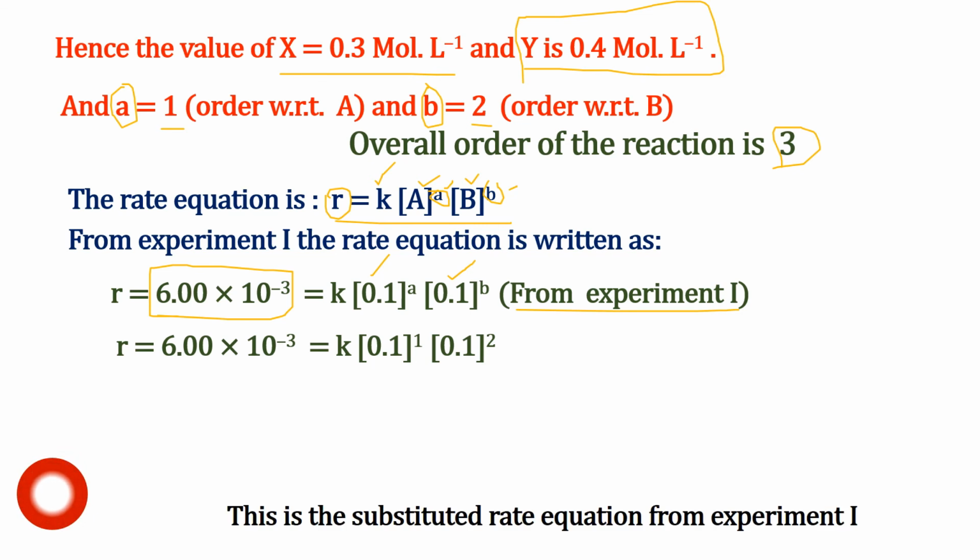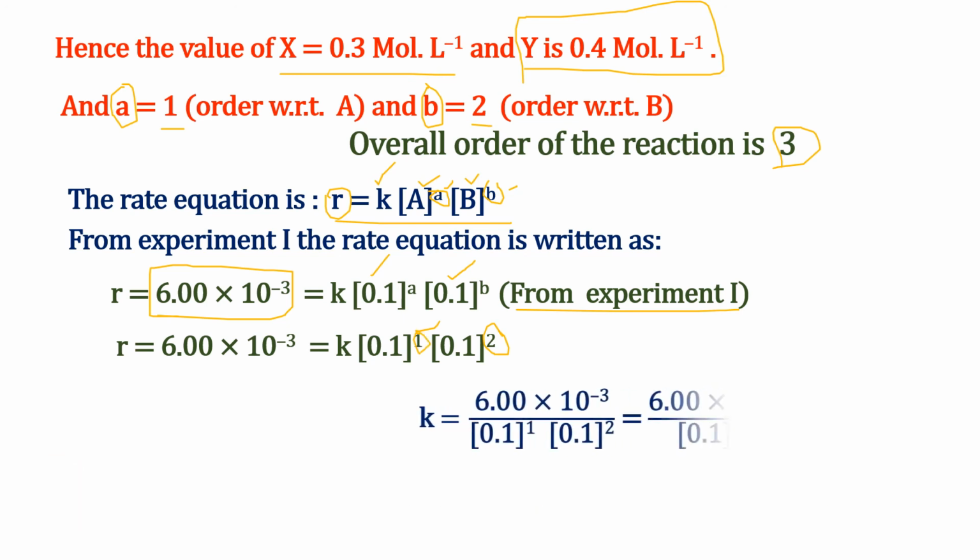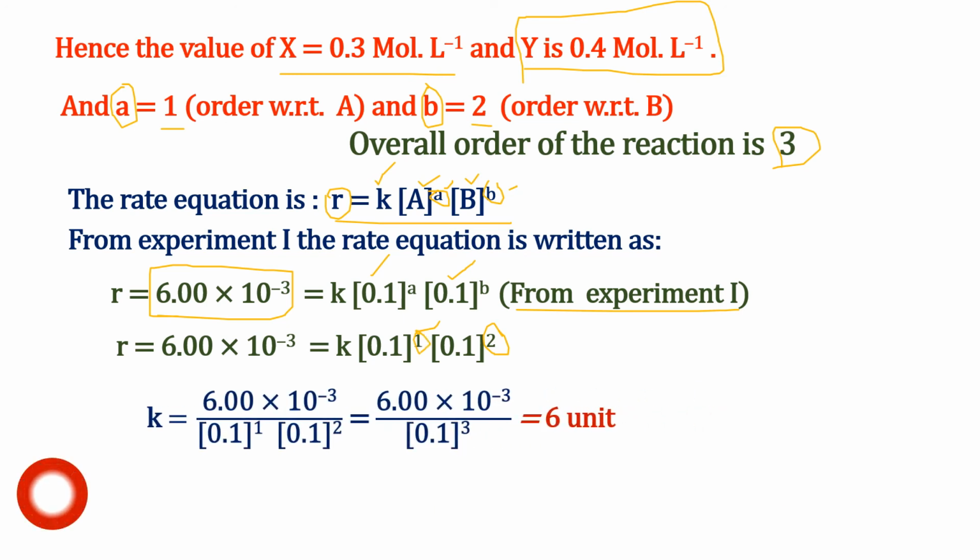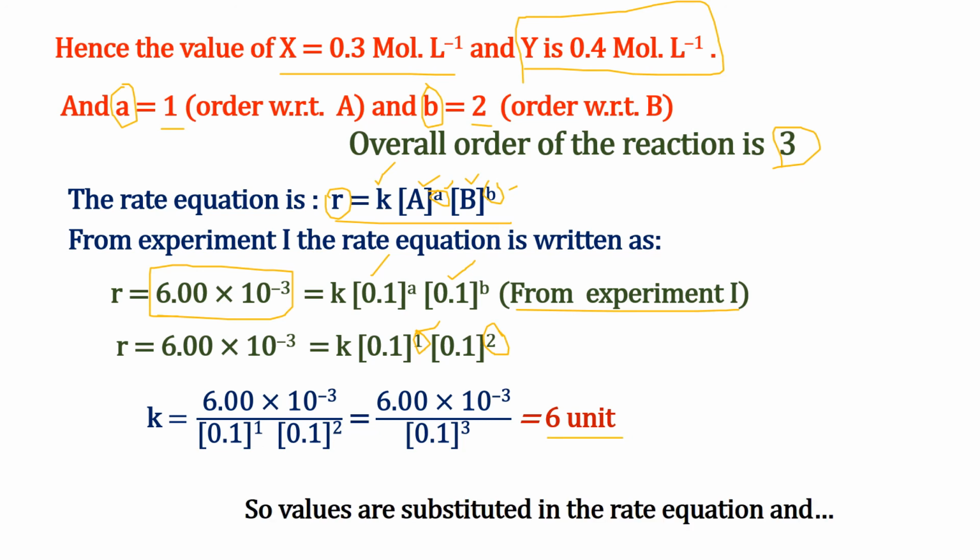Substitute the values of a and b, that is a is 1 and b is 2, the order of the reaction with respect to A is 1 and with respect to B is 2. Now on simplification, the value of K, the rate constant, is found to be 6 units.